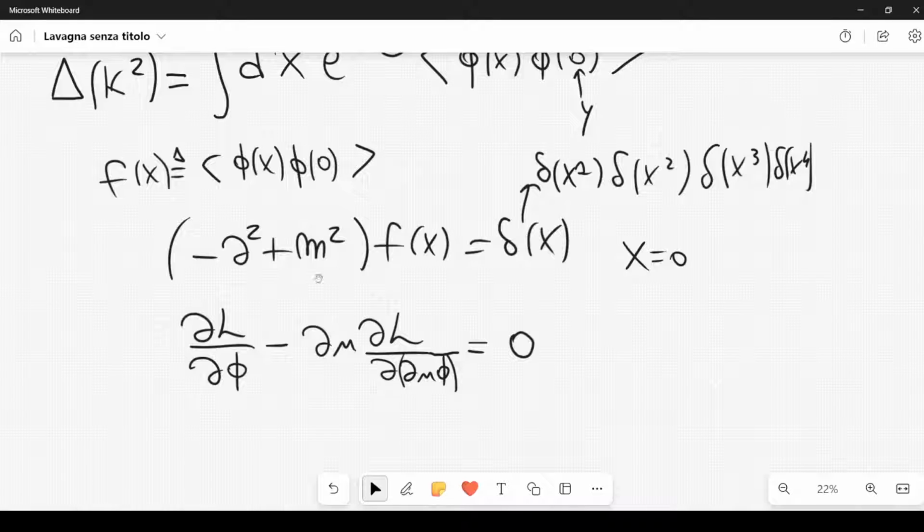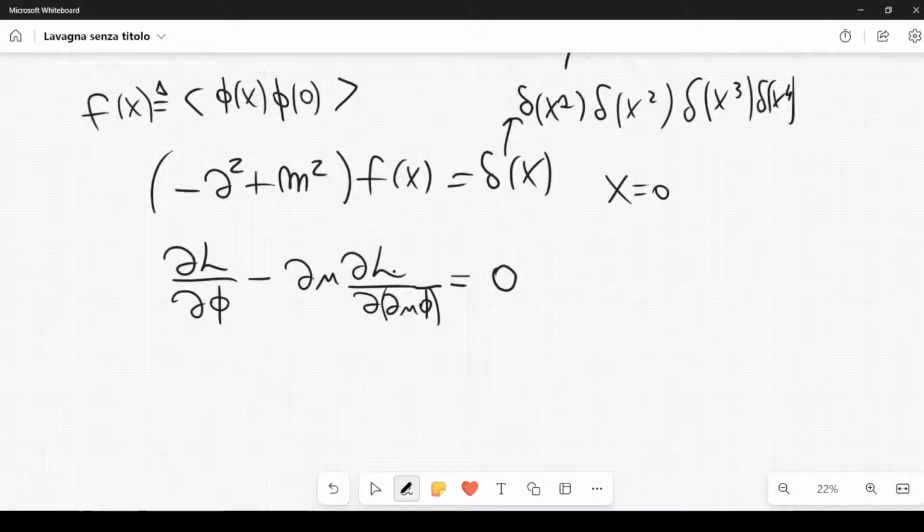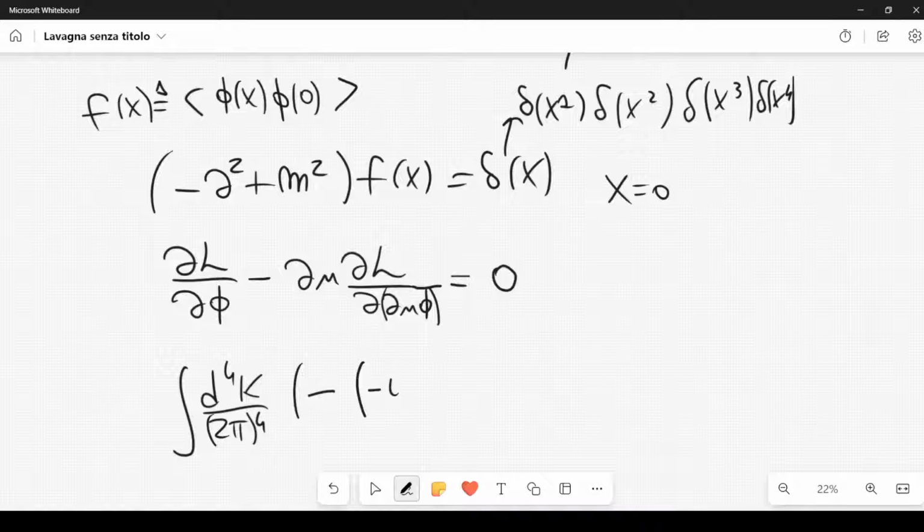Anyway, now in the Fourier domain, if we rewrite this left-hand side, we can also write integral d^4k over 2 pi to the fourth, minus the derivative operator becomes minus (ik) squared plus m squared, f hat of k, which is the Fourier transform of f of x.